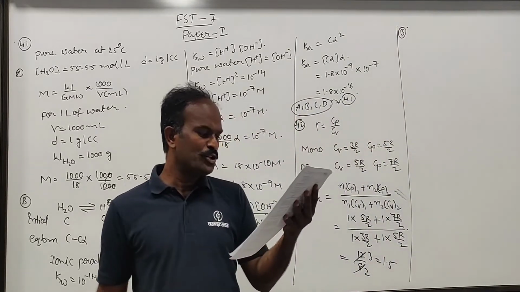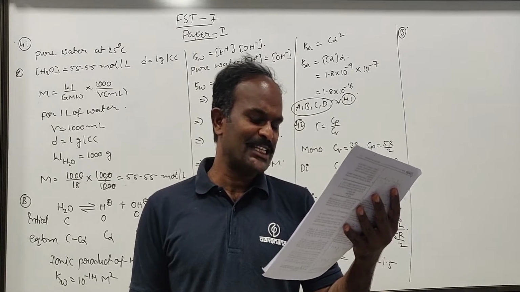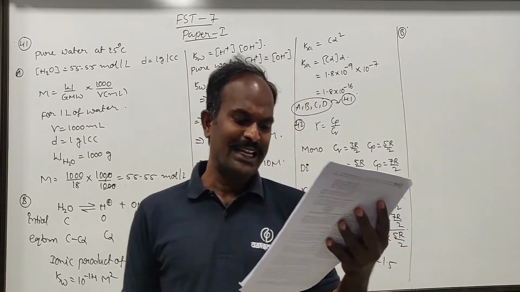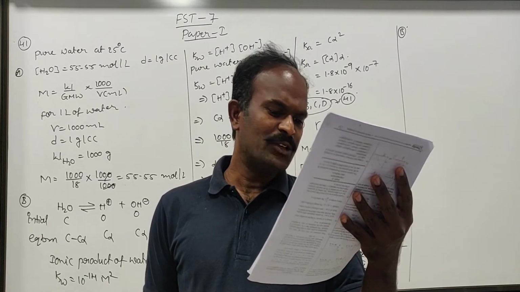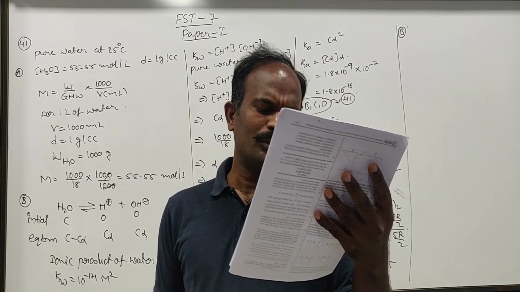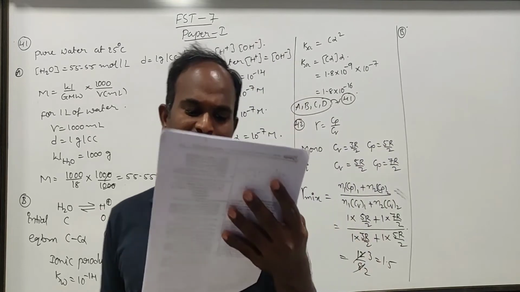Option B. The magnitude of work involved when an ideal gas expands from V1 to V2 is less when expansion is done isothermally as compared to carried adiabatically.